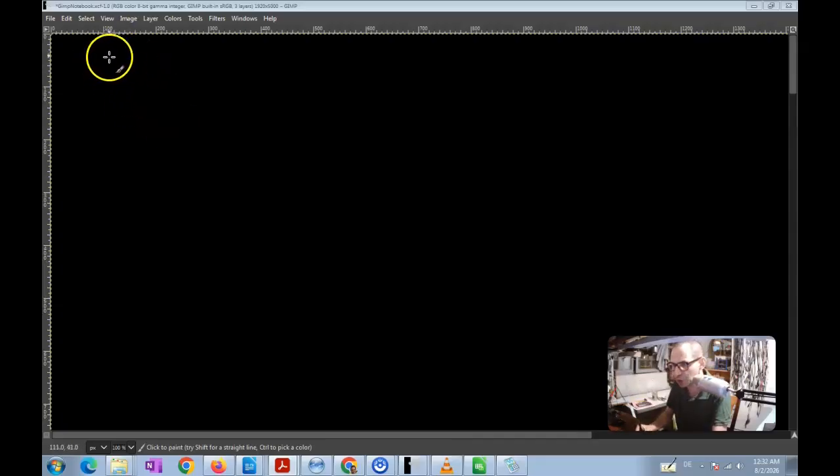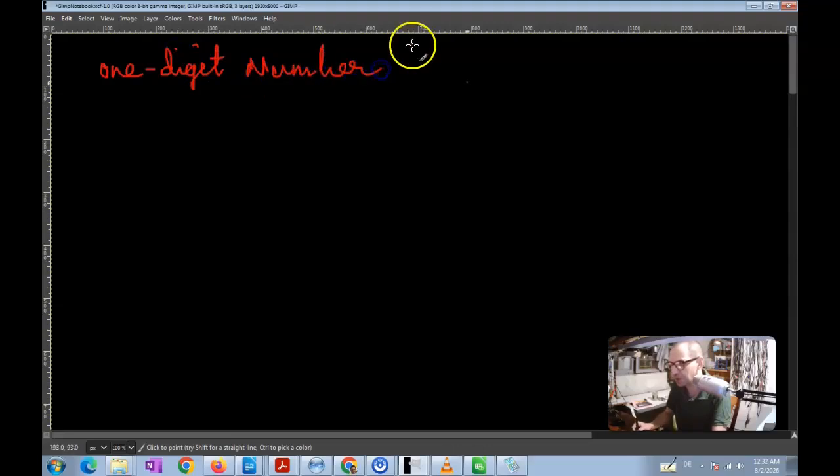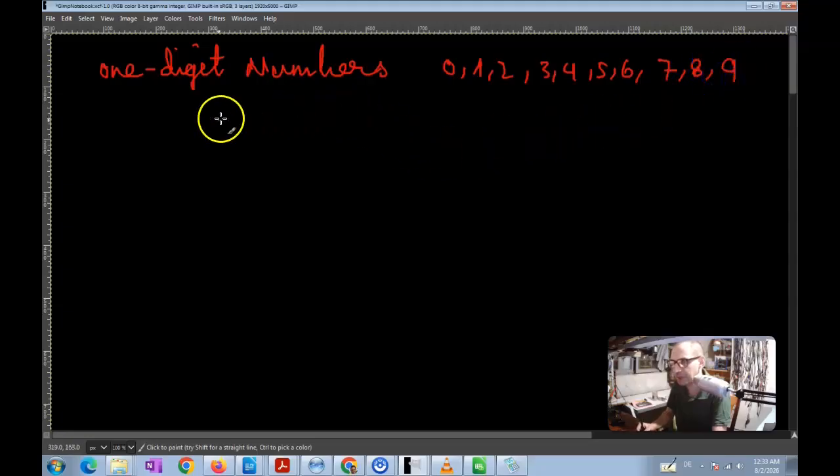If you talk about the one-digit numbers, if we start from 0, for example, we have 0, 1, 2, 3, 4, 5, 6, 7, 8, and 9. Right? So the one-digit numbers are 0, 1, 2, 3, all the way up to 9.